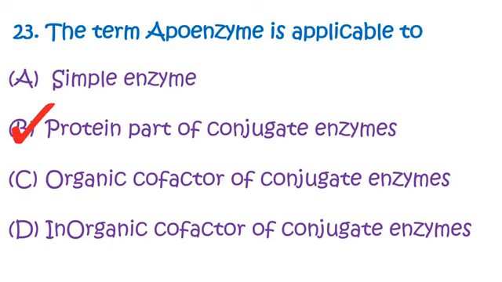For example, the heme prosthetic group which is attached to catalase or the peroxidase enzyme. Now the apoenzyme becomes enzymatically active only when it is bound to a cofactor, and together it is called as holoenzyme. So here the correct option is the protein part of the conjugate enzyme.